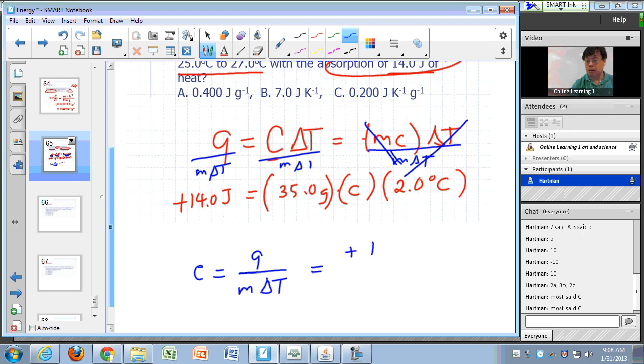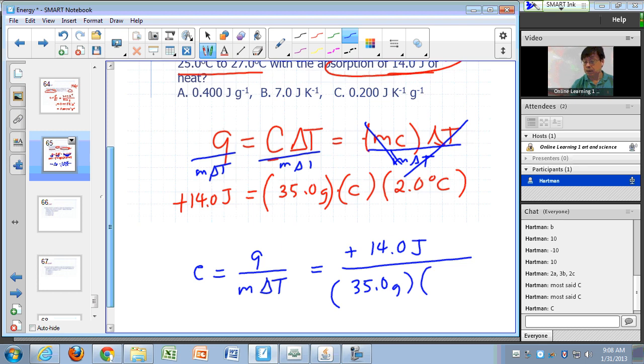So that's positive 14.0 joules divided by 35.0 grams times delta T, which is 2.0 degrees Celsius. So the answer is C.